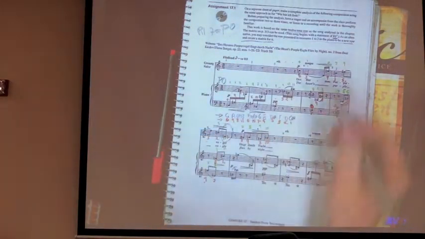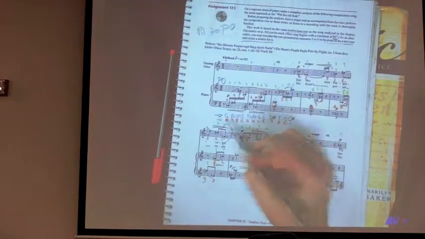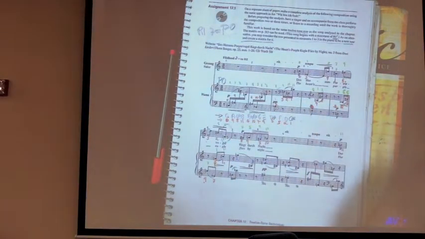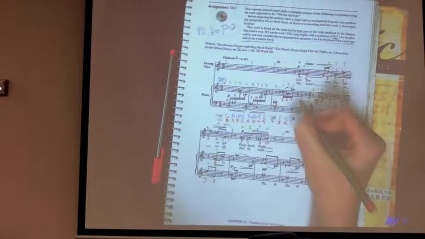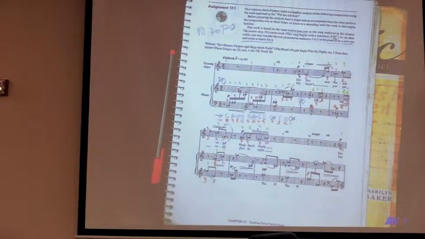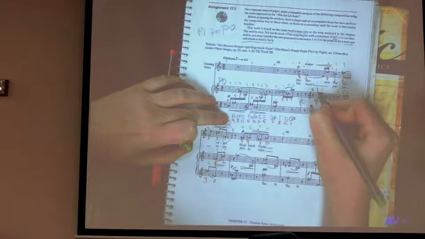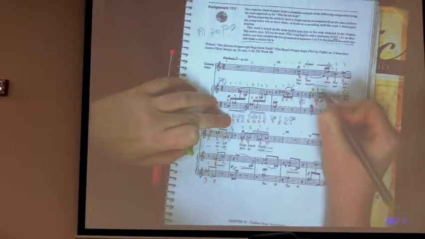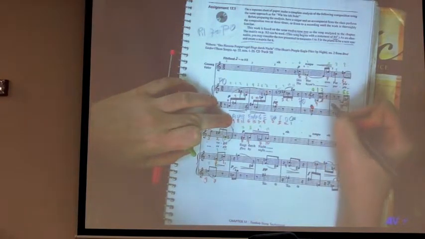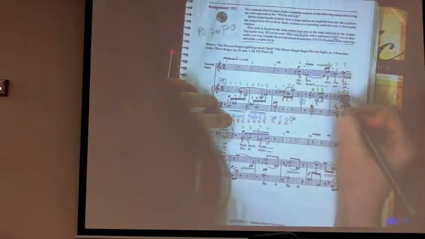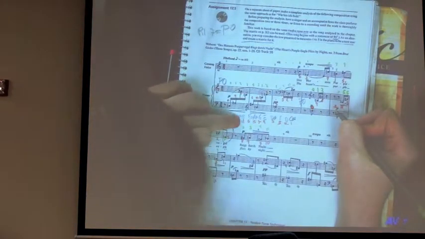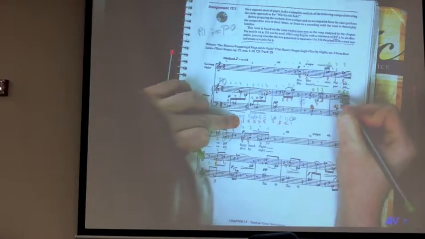So we look at this tone row, and we're going to say, okay, this is prime 0, because we found it, right? So prime 0, and then we go through and say 0, 1, here's the 8, so that's the second one. And then our next note is 11, so here's 3.